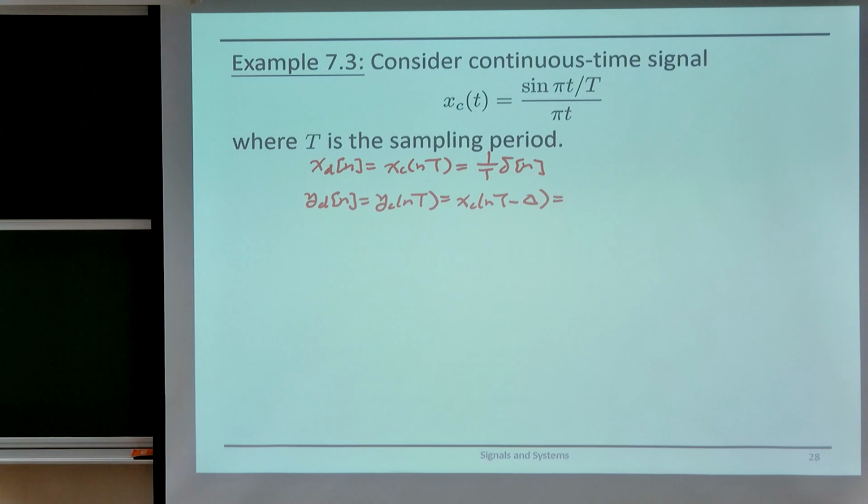Now, assuming that delta is equal to T over 2 here, then if you substitute xc(t) inside here, you will get sine of pi (n minus 1/2) over T pi (n minus 1/2).